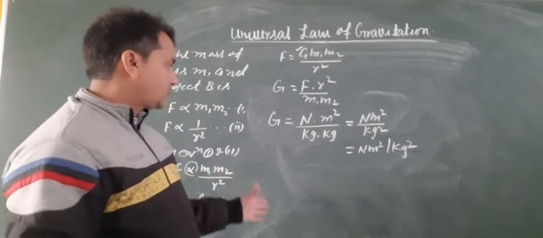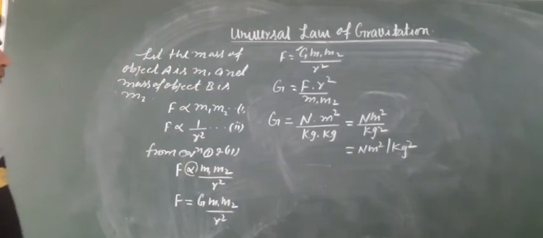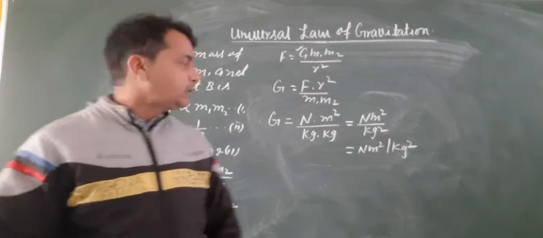The unit of the gravitational constant is Newton meter square per kg square.